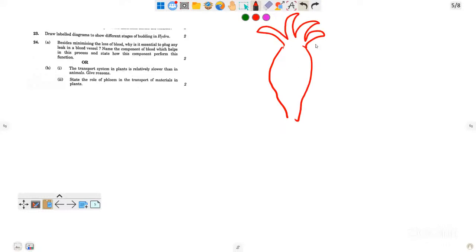This is the parent hydra. Here rapid cell division happens. As a result, a small bud is formed. What is happening to this bud? In the next figure, you can write bud. This is the parent hydra. Then the next figure is like this.